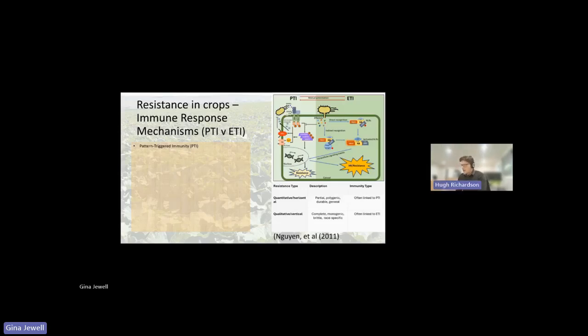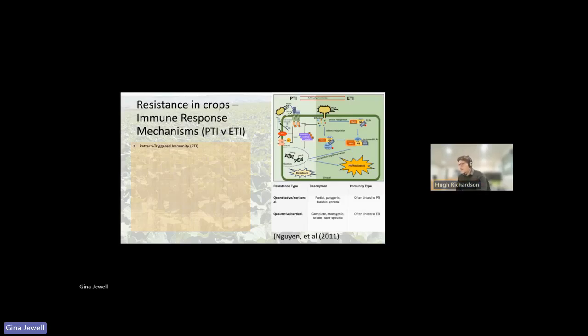This recognition allows it to signal a cascade, starting a resistance response, possibly the hypersensitive response, sorry. And then that stops the pathogen development.